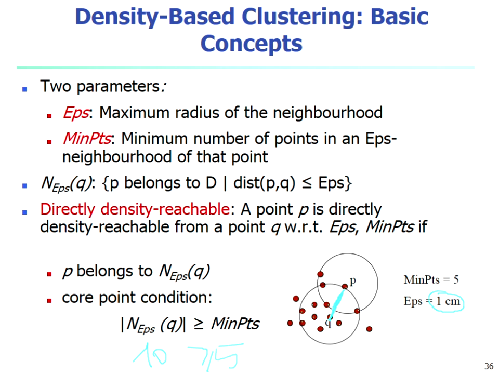Here 10 is more than 5. So there are two conditions to verify, and if these conditions are verified, we can say that this point is directly density reachable from another point.